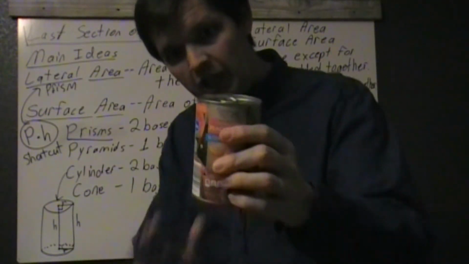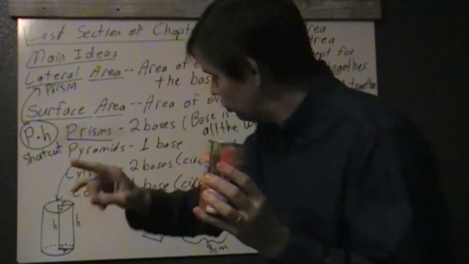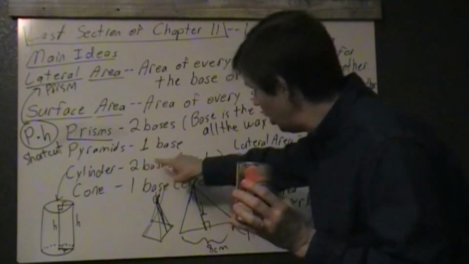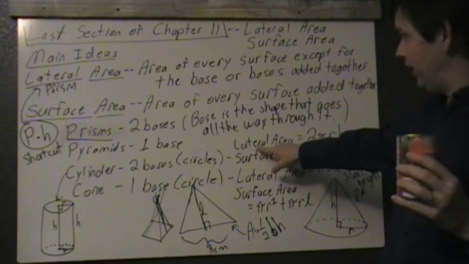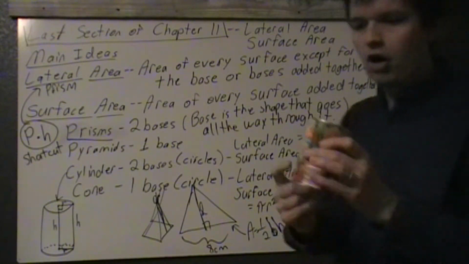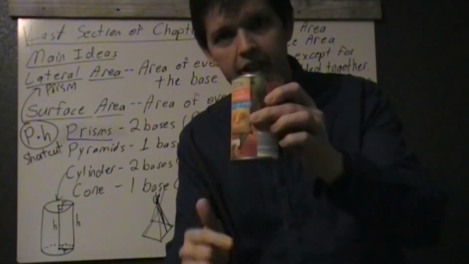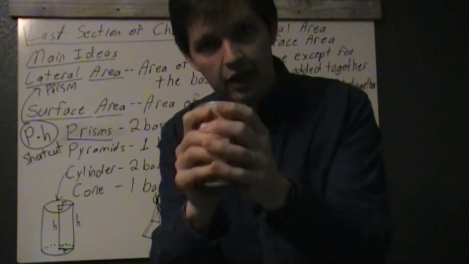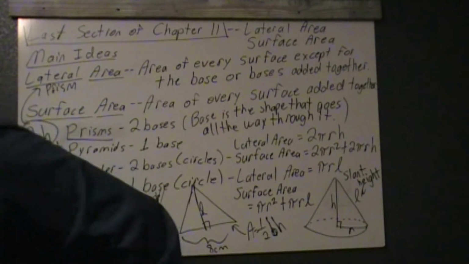So, in the cylinder, if we just want the area of the label, what's that called? Lateral area. Right there. 2 pi r times the height is the lateral area, and that's what you do to find the area of the label of a cylinder of some sort.